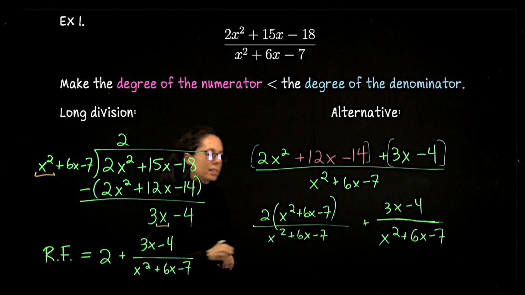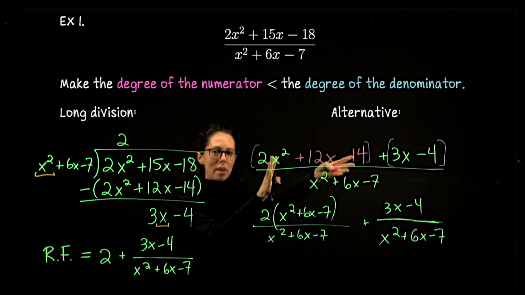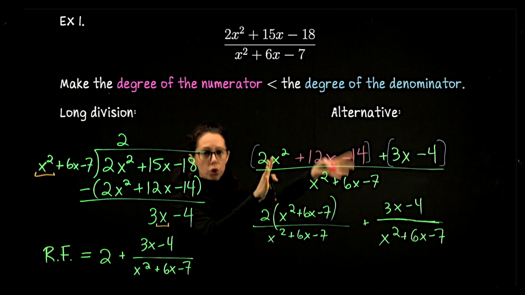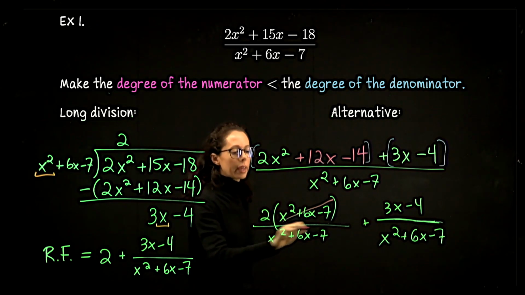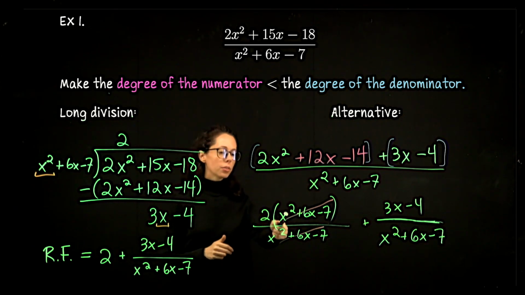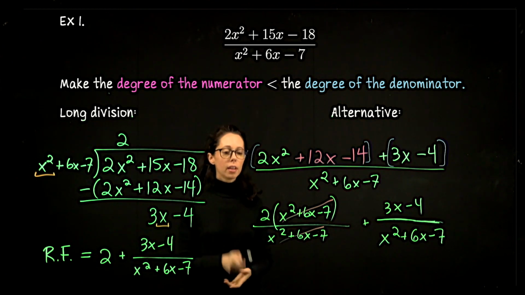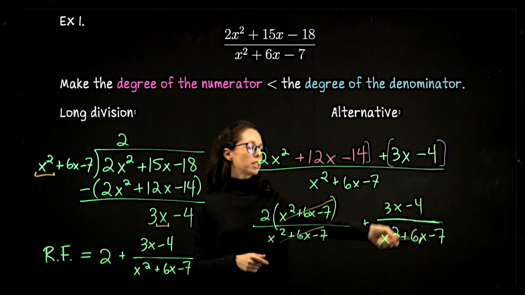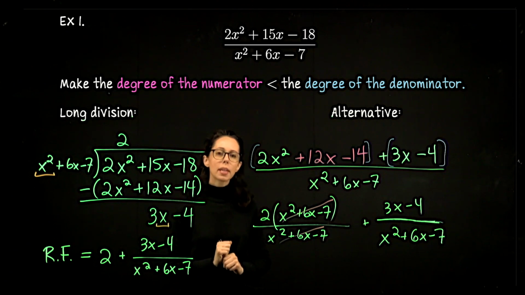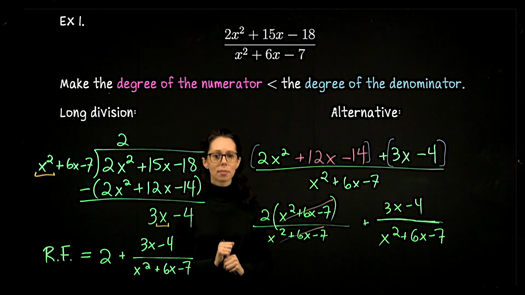Then after doing that, because of the way that we made this essentially a duplicate of the denominator just times 2, we get cancellation. And this returns us back the form that we just wrote down. So 2 plus 3x minus 4 over the original quadratic denominator, and now we're ready to go for partial fractions.